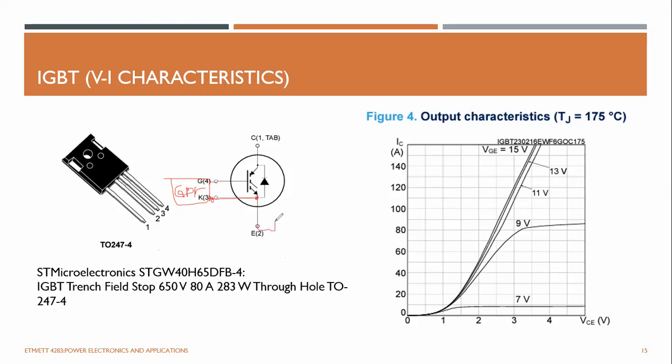This one is used for power driving, and this one is used for gate drive, right? This is your power circuit and this is your control circuit. So for the control circuit this pin is used, and for the power this pin is used.